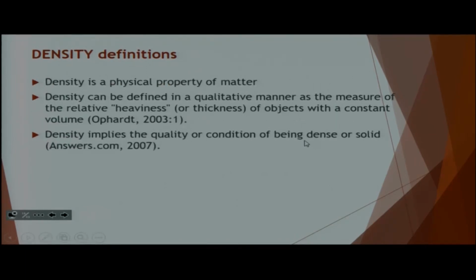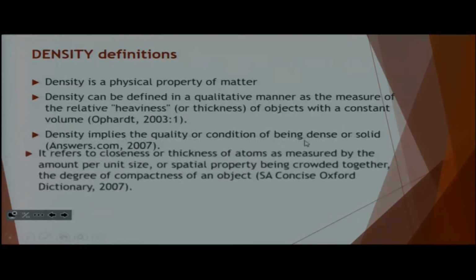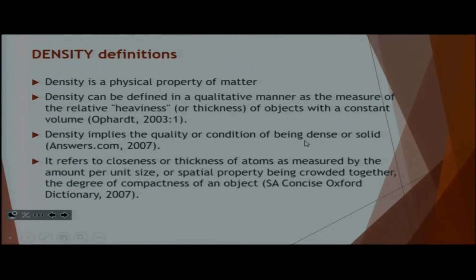Density also implies the quality or condition of being dense or solid. It refers to closeness or thickness of atoms as measured by the amount per unit size, or spatial property of being crowded together, or the degree of compactness of an object.